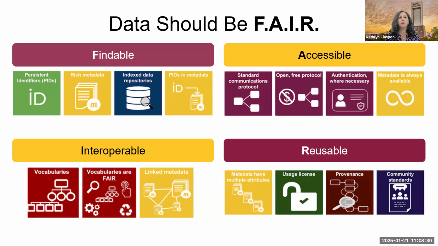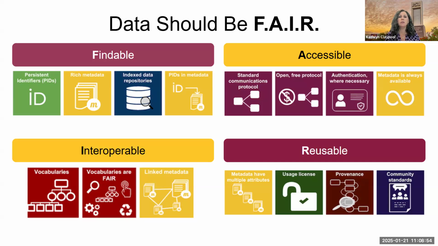So it should be findable, right? You can have persistent identifiers with items that are fairly complete, but you should always have metadata that's self-explanatory. For indexing in repositories, you may need specific terms, and you can have persistent identifiers for your metadata.